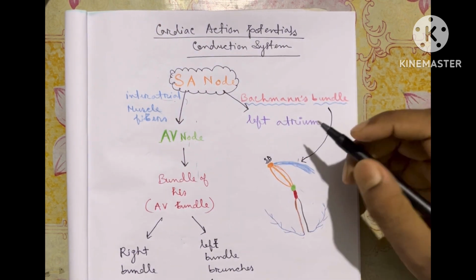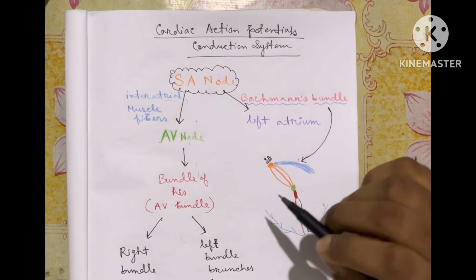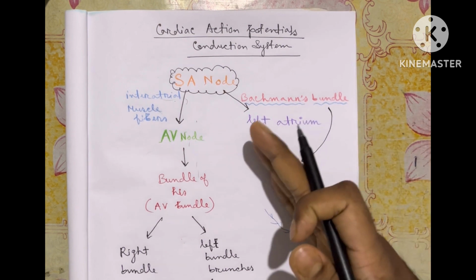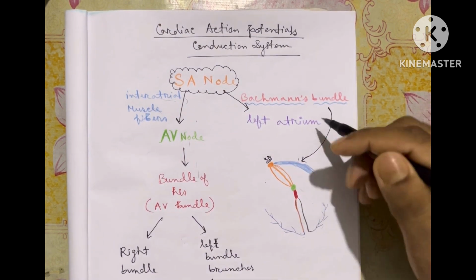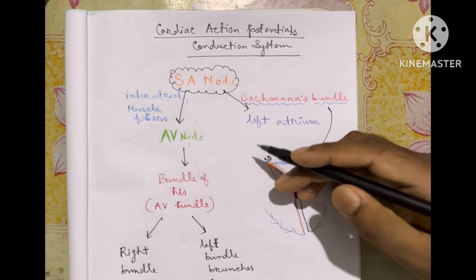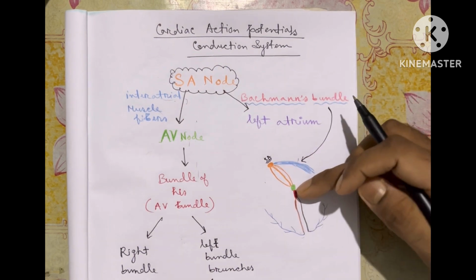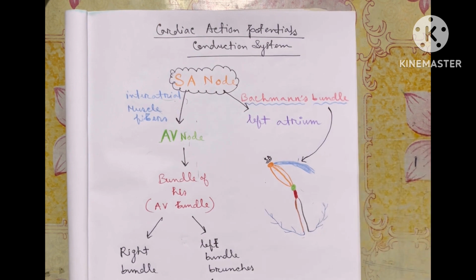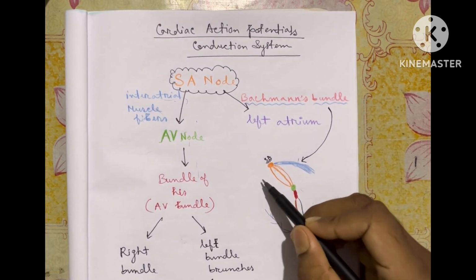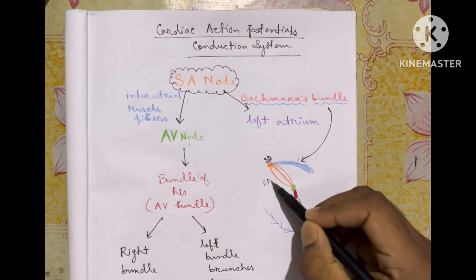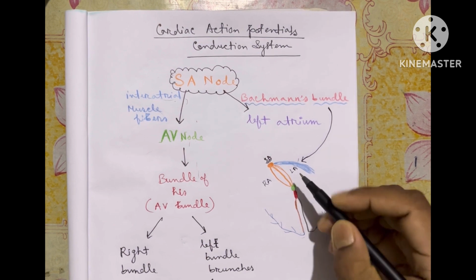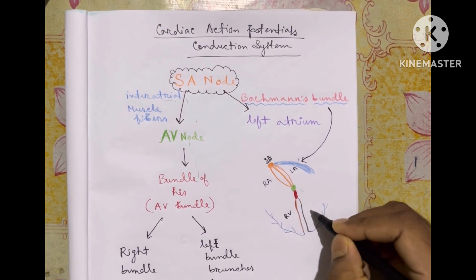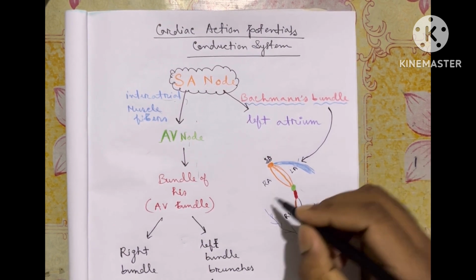So please understand that this is our right side and this is our left side. The green dot is there, above that we have the atria and below we have the ventricles. So this is our right atrium, this is our left atrium, this is our right ventricle and this is our left ventricle.